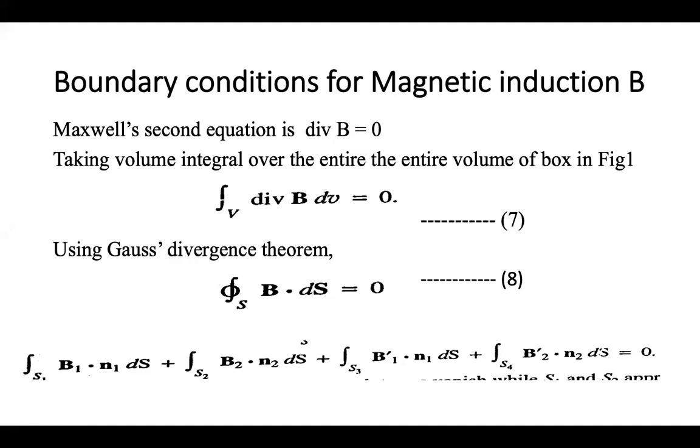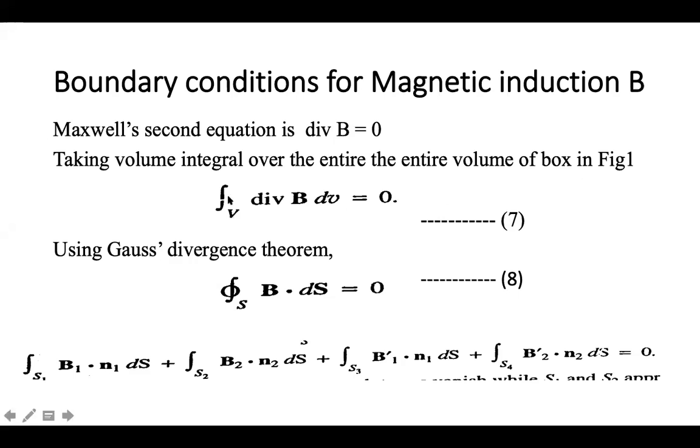There we used Maxwell's first equation, divergence D is equal to rho, because we needed D. Here we need B, so we are using divergence B is equal to 0. Then we take the volume integral over the entire volume of the box, the same diagram which I showed you.